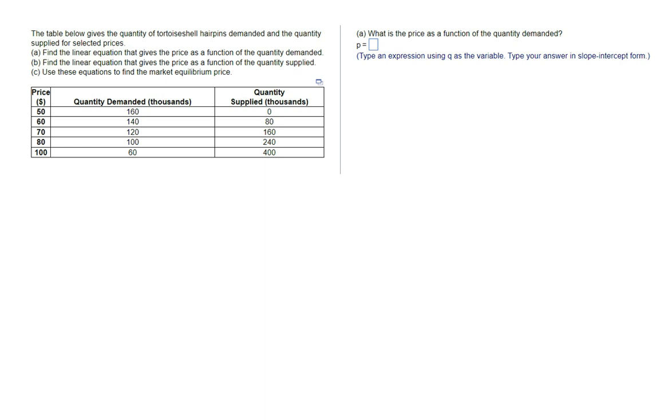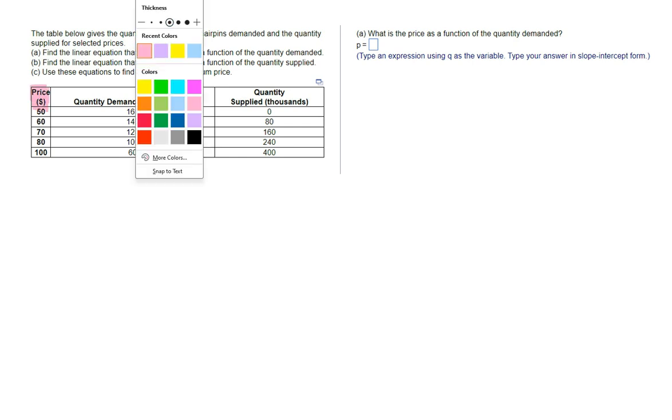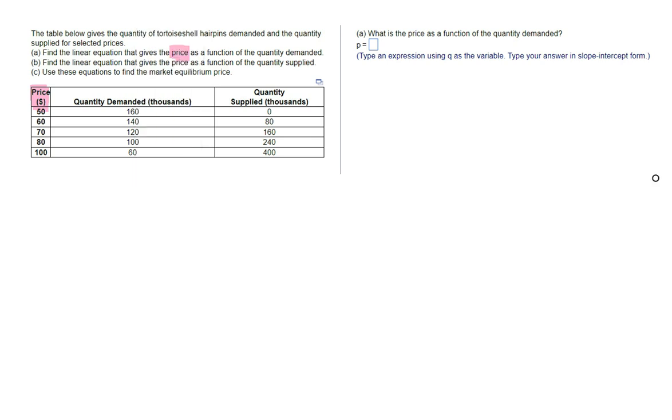quantity demanded. Okay, so this is your price column, and they want that as a function of the quantity demanded. Here's our quantity demanded list. Now remember, when you have an equation that is y equals mx plus b, that's a linear function.